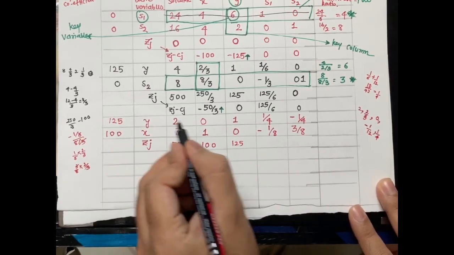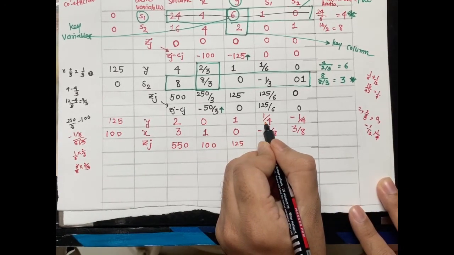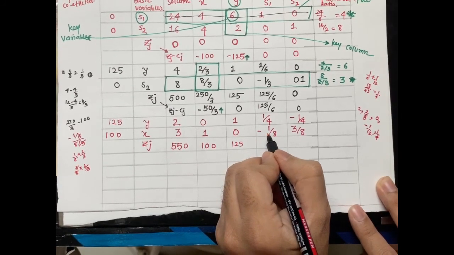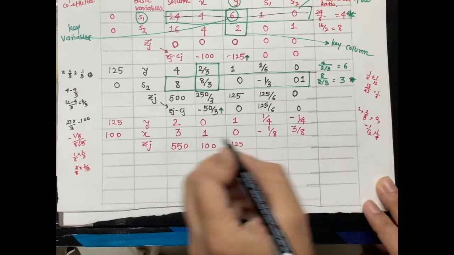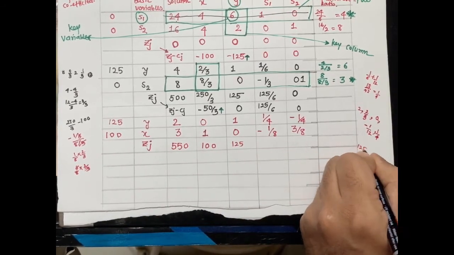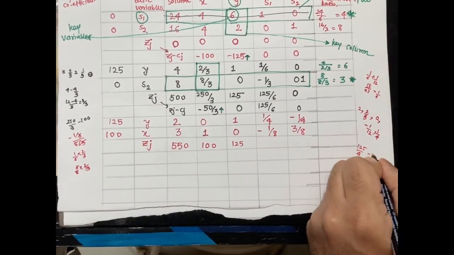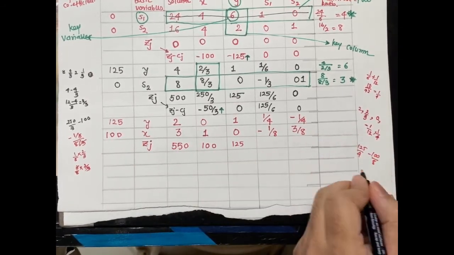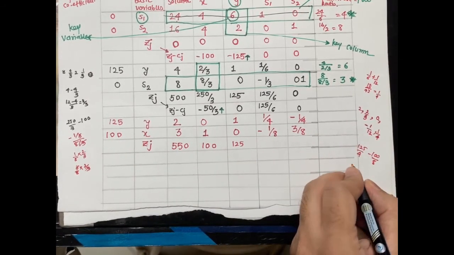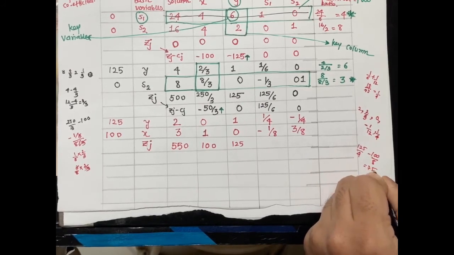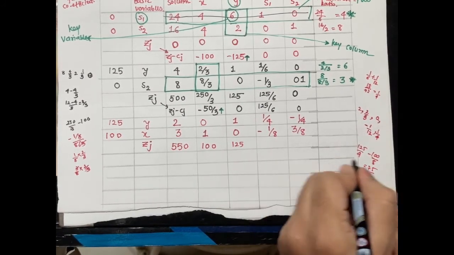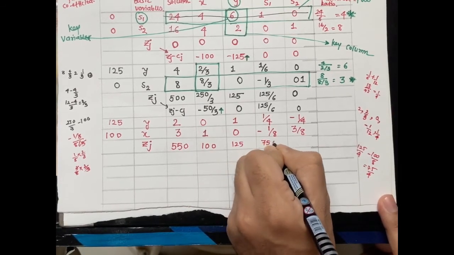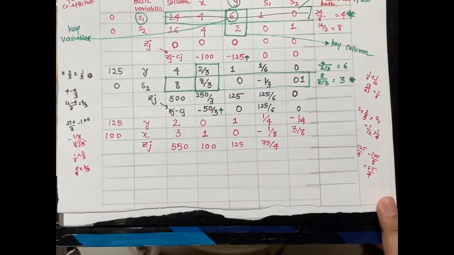Here 125 divided by 4 plus 100 into minus 1 by 8. So 125 by 4 minus 100 by 8, if I do this multiplication and LCM, finally I'll get 75 by 4.